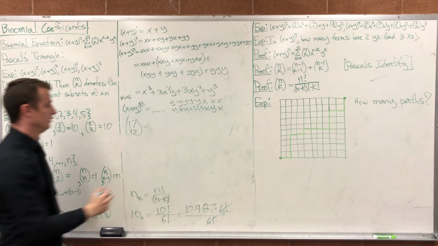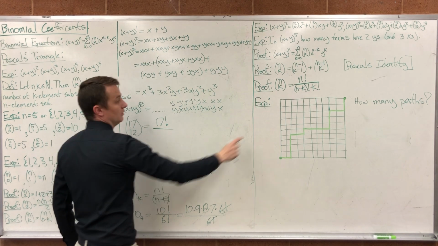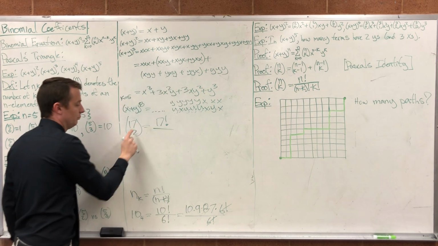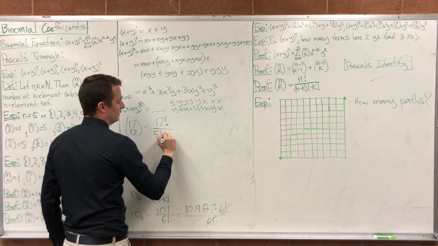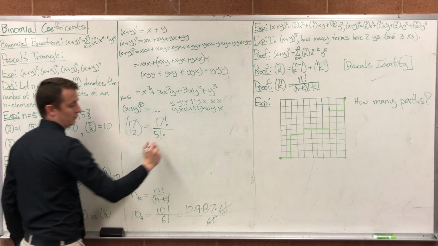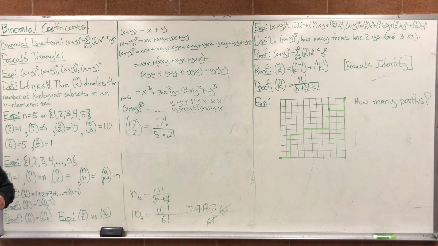It's going to be 17 factorial divided by, what's 17 minus 12? 5 factorial times 12 factorial. There it is. What exact number is that? Who cares? If you need to figure out exactly what number that is, you can. Is that going to come out as an integer? Yes, it will always be an integer.